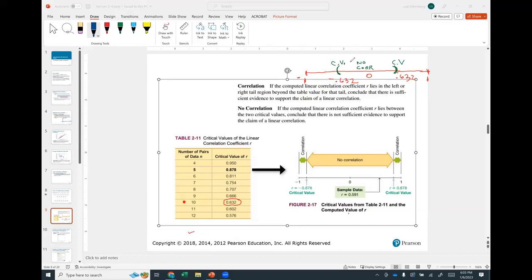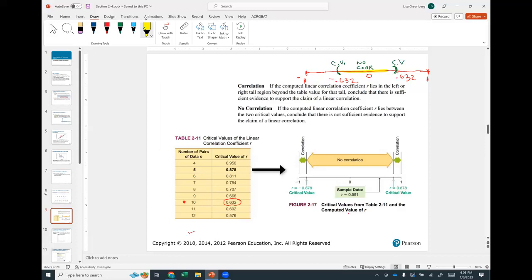Even though not everybody believes that things are a coincidence, I would say there's a good chance that some things are coincidental. So what we're saying is that if it's between here and here, consider that it could be a coincidence. It could not be a coincidence, but we don't really have enough data to tell. That's basically what it's saying.